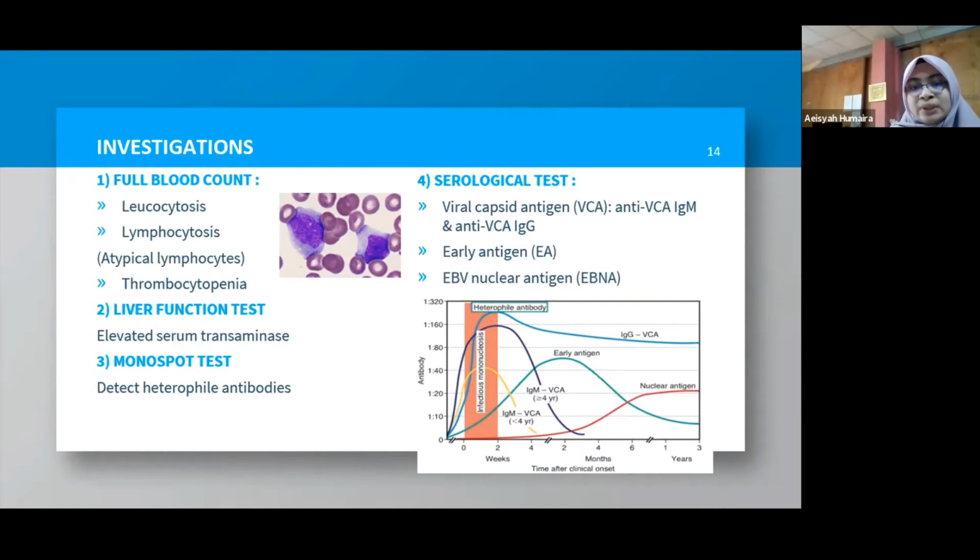Why do we need to confirm the diagnosis of infectious mononucleosis? Because we need to inform the patient about the possibility of splenic rupture and other complications.